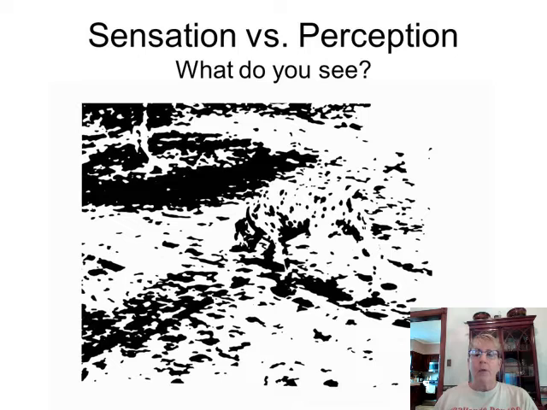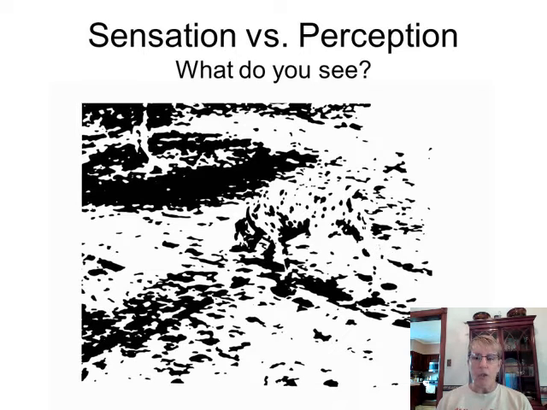Now, if you look at this, it's a perfect example of sensation and perception, because on this piece of paper, there are light waves that are being refracted or reflected off the paper. They're picked up by your eye. So basically what happens, light energy is picked up by your eye, and then that light energy is converted to neural messages and sent to the brain.